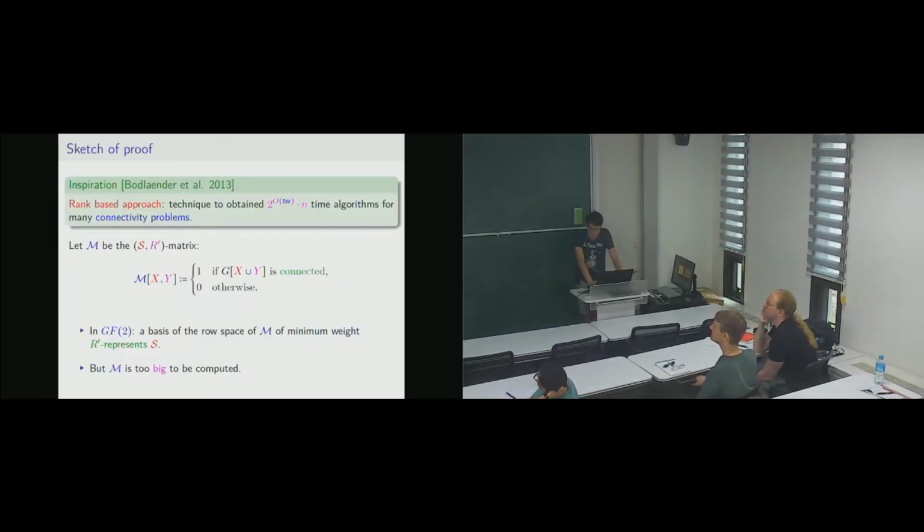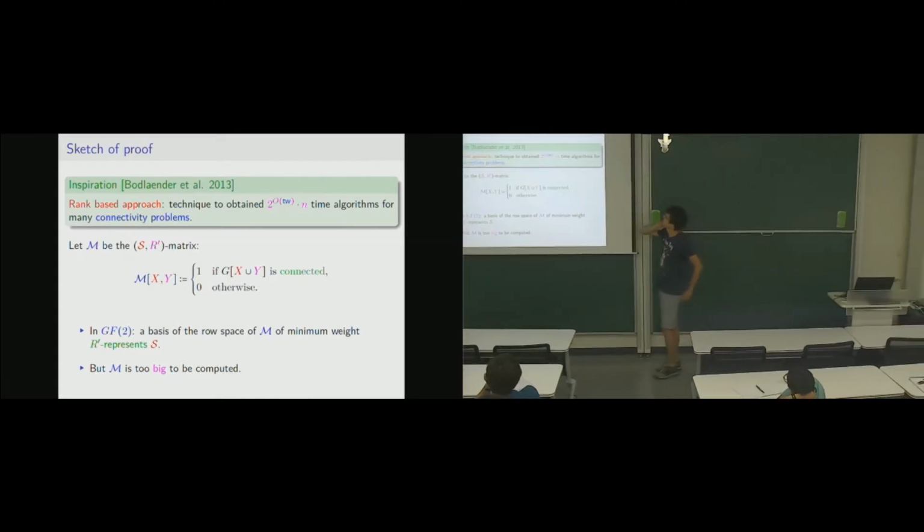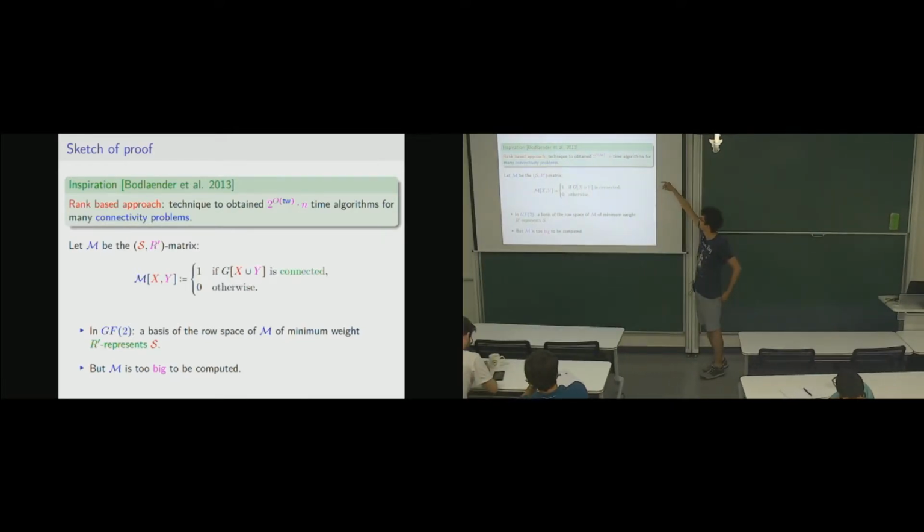And so to compute a small representative set, we use the ideas from the rank-based approach, which is a technique to obtain 2 to the O(n) time algorithms for many problems with a connectivity constraint.